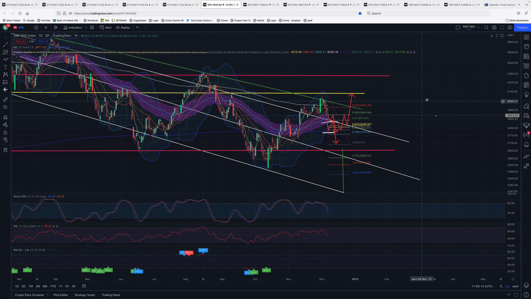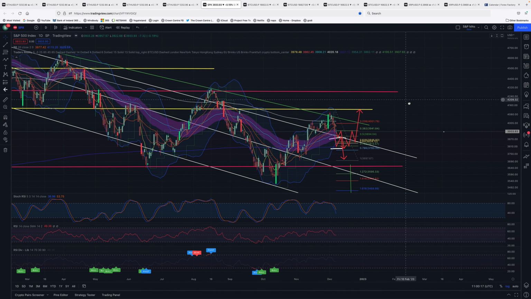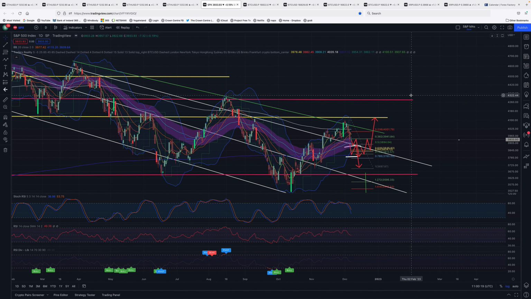But what I want to point out is a similar situation in both drops for the S&P, because I believe crypto will follow the S&P. So we need to have a look and see how the previous turn down happened in terms of the MAs. There are different combinations of MAs that you can take.